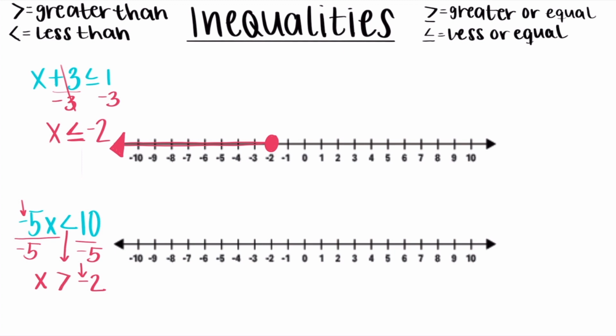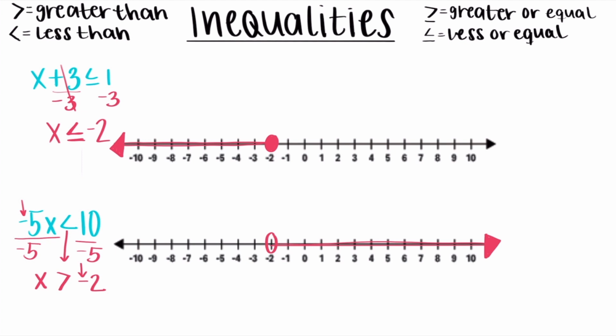So whenever you multiply or divide by a negative number on both sides, you have to flip your sign. So instead of a less than, it's going to become x is greater than -2. Remember, it's not equal to, so it's going to be an open circle, and then everything greater than -2 is a solution.